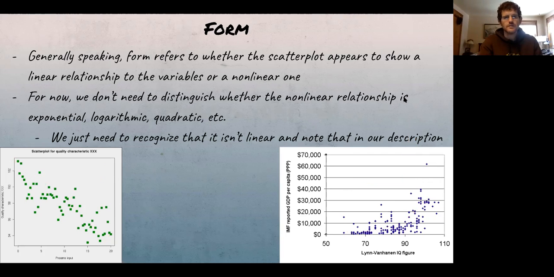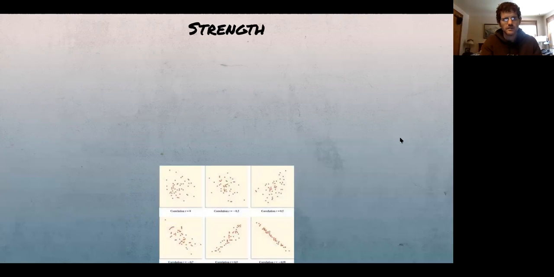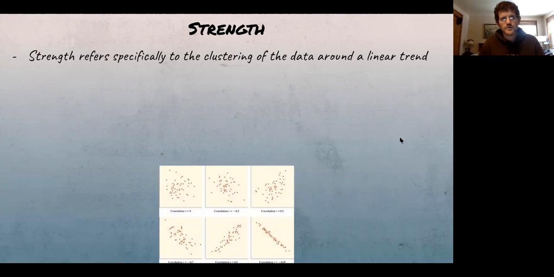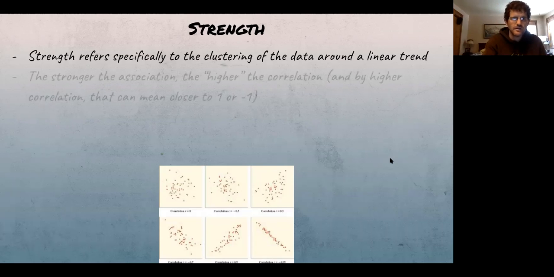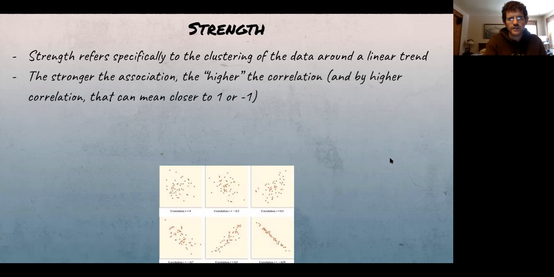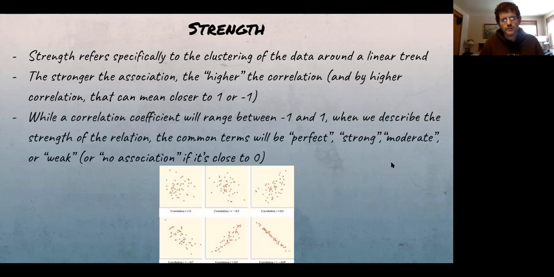Okay, so the form of it, linear or nonlinear, and finally the strength. Here we go. Strength refers specifically to the clustering of the data around a linear trend. So the stronger the association, the higher the correlation. And of course, higher correlation can mean closer to positive 1 or -1. While a correlation coefficient will range between -1 and 1, frequently when we're describing it, we won't give the actual correlation number.